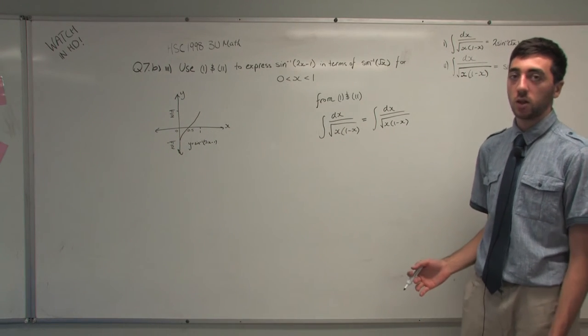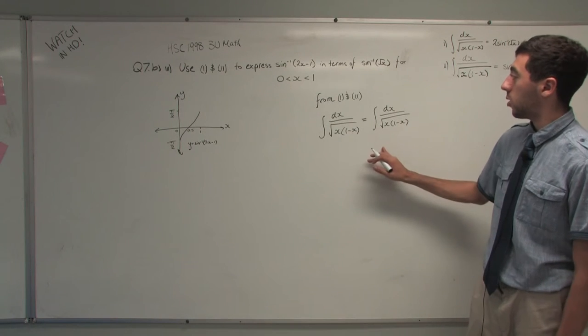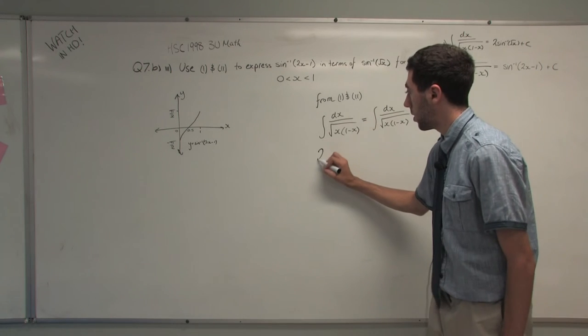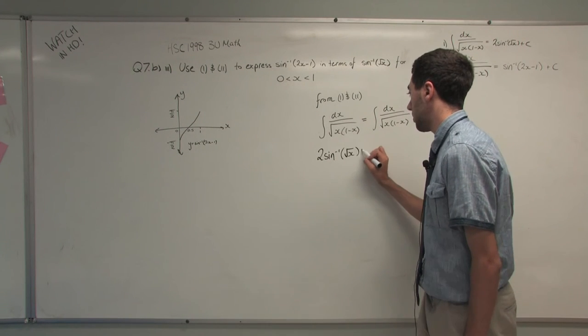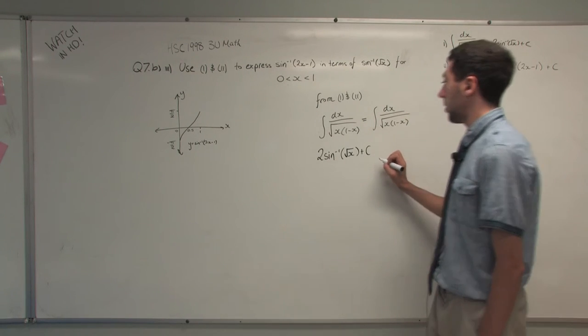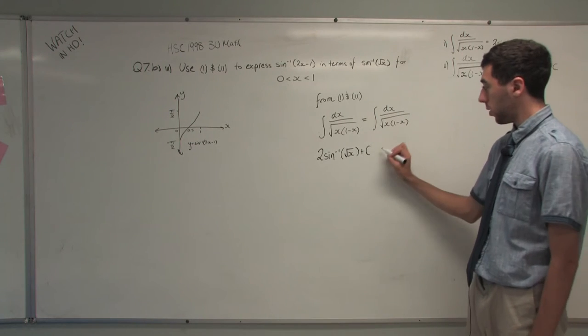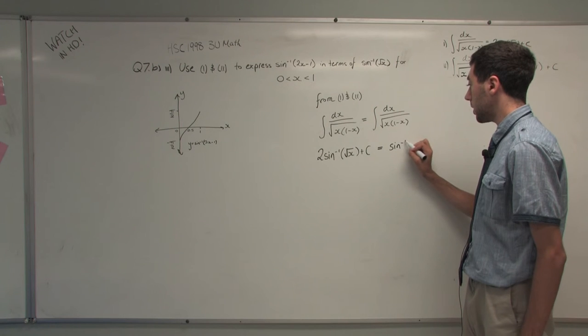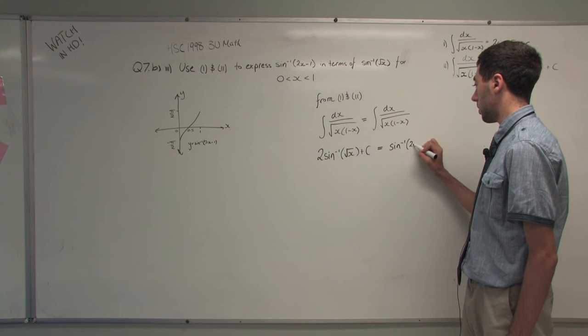That's the most obvious thing you could probably state, but that's going to help us because now from I, we know that that's equal to 2 sine inverse square root of x plus c. And from part 2, we also know that that's equal to sine inverse 2x minus 1.